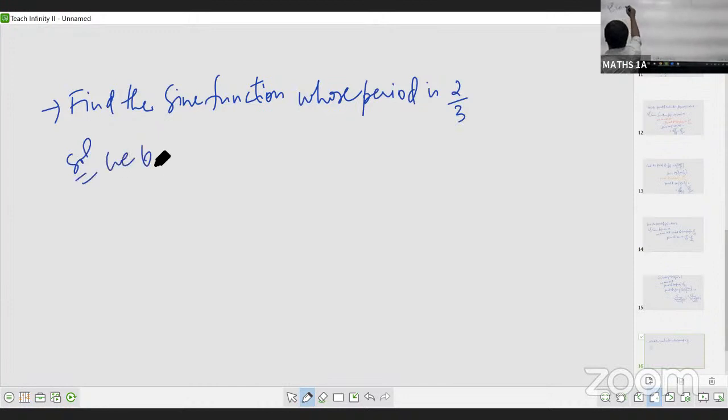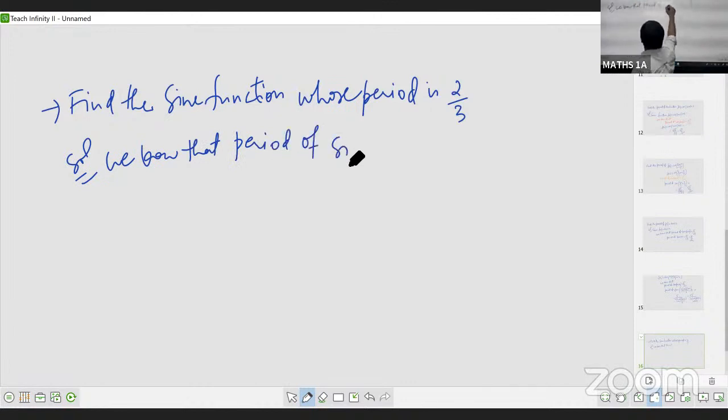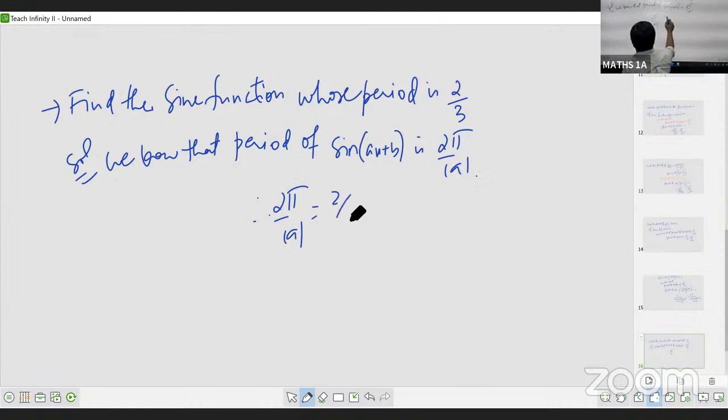Now we know that the period of sine of ax plus b is 2 pi by mod a. Therefore, 2 pi by mod a is given as 2 by 3. The 2 gets cancelled.